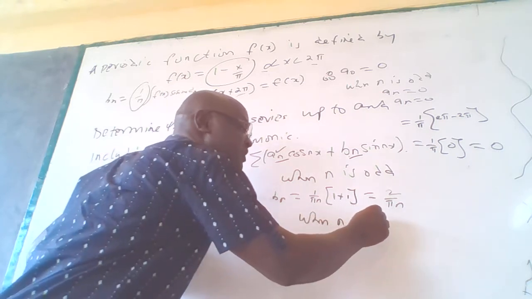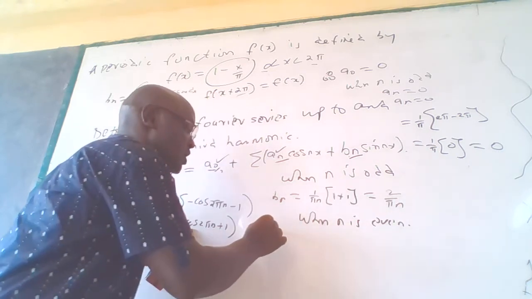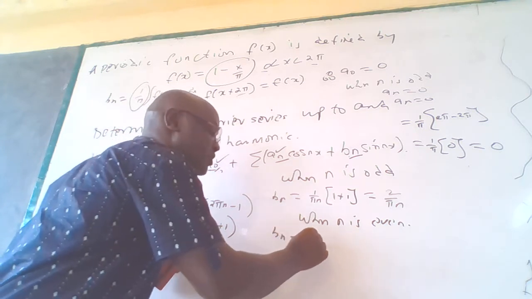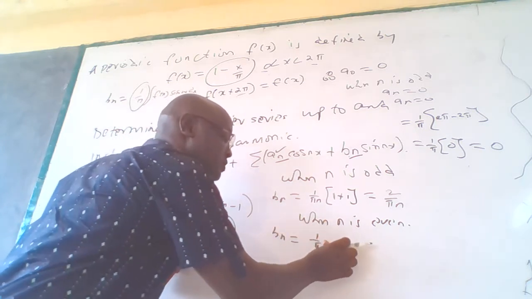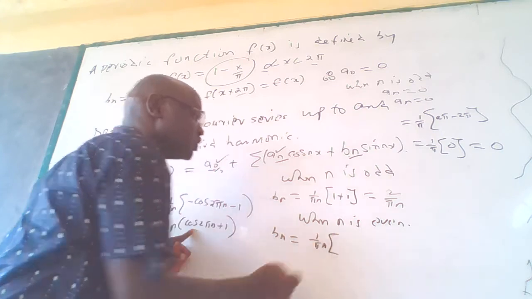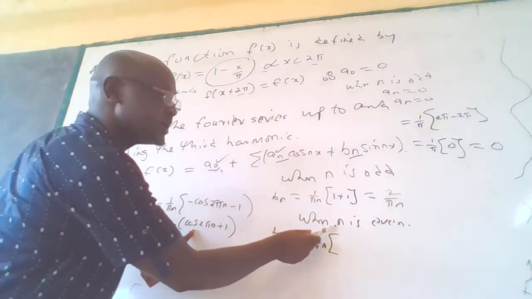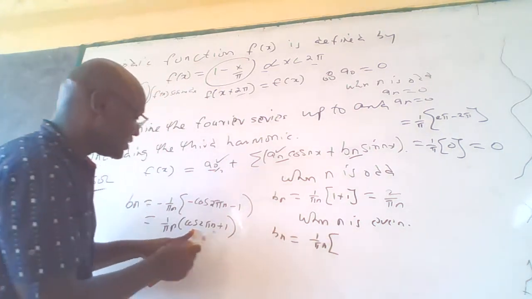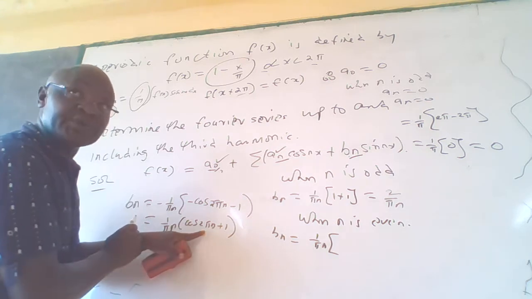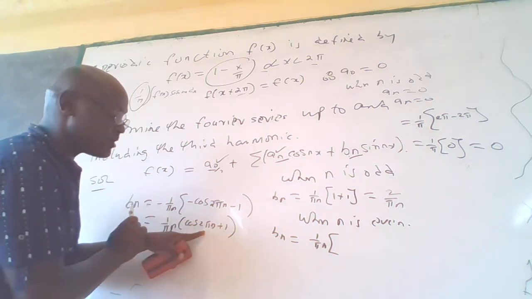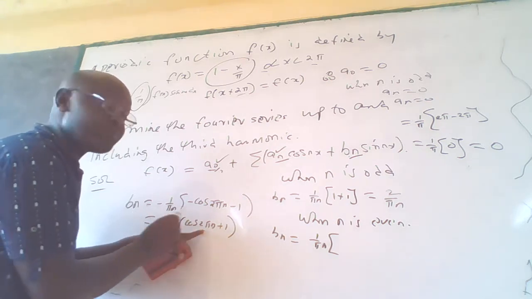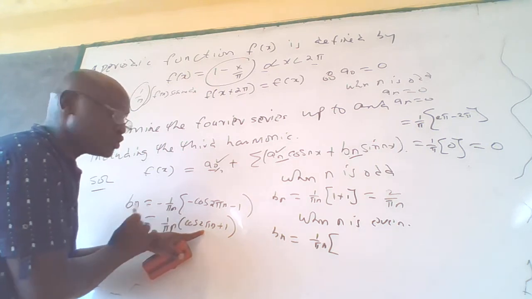When n is even, our Pn will be equal to 1 over pi n into, when n is even, meaning n is 2, we test with the 2. 2 times 2 is 4, so we have 4 pi, so we are getting cos 4 pi.